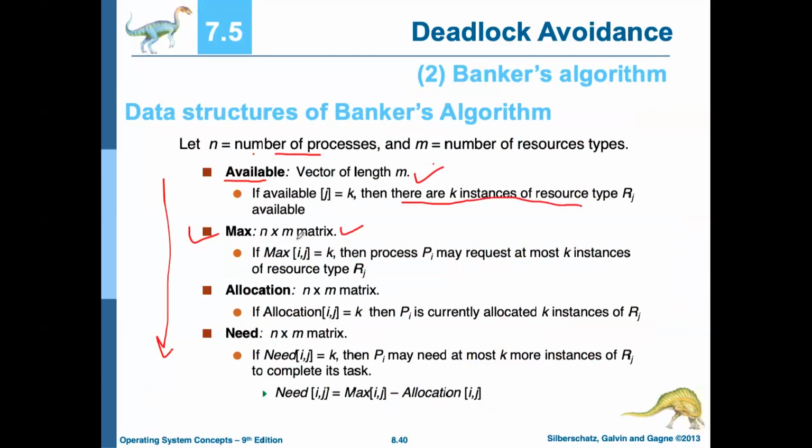For the n times m matrix Max, if Max[i][j] equals k, then process Pi may request at most k instances of resource type Rj.